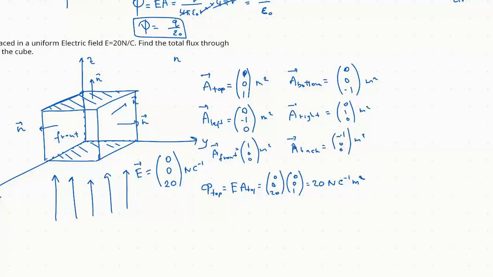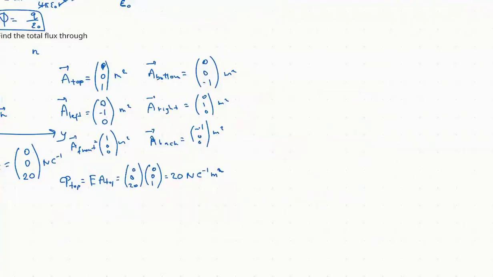Can you simplify it? Well, a newton is kilogram meter squared per coulomb meter squared. So it's kilogram meter to the power 4, ampere minus 1, second minus 1.